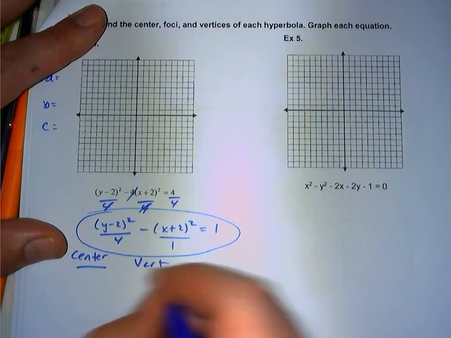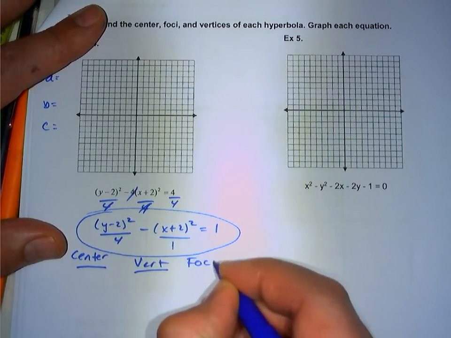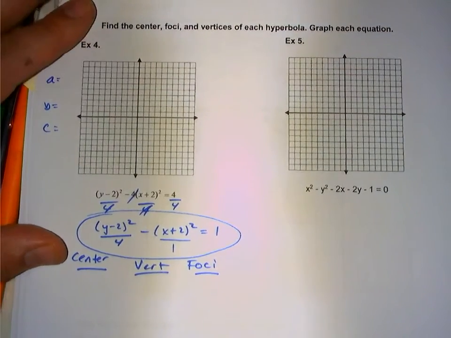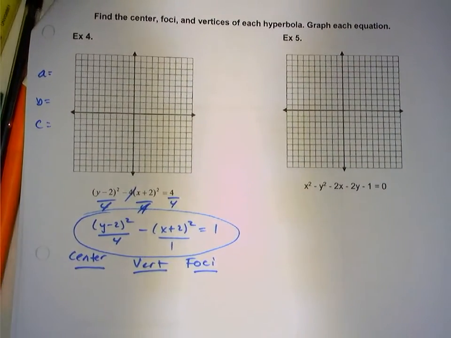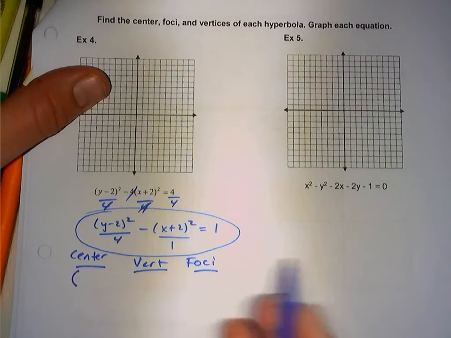The vertices and the foci. Now, this is where we got to be careful. h and k: h is x, k is y, opposite of what you see. So let's get a hand up. Who thinks they know who the center is? What's our h and k? Matty Burns, what do you got? Close.